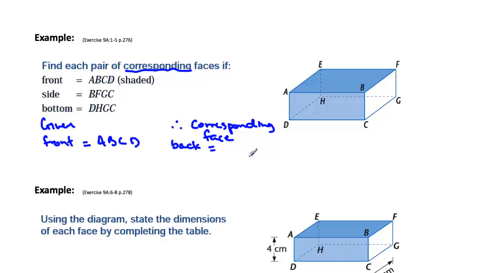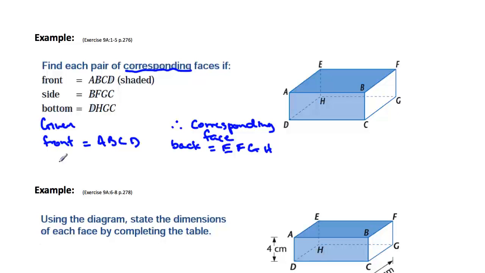Now, notice that it's equal to E, F, G and H, and that's because A matches up with E, B matches up with F, C matches with G, and D matches with H.